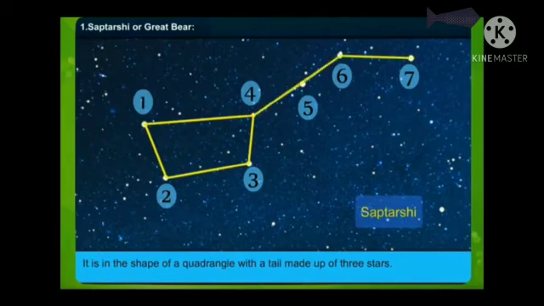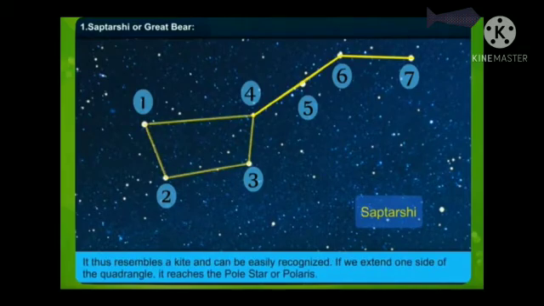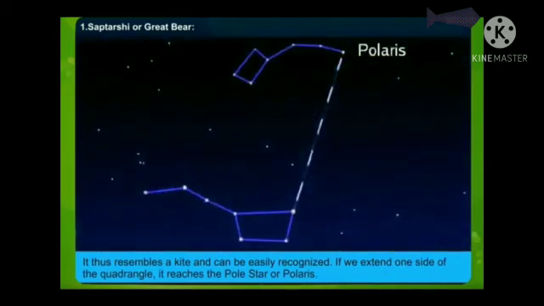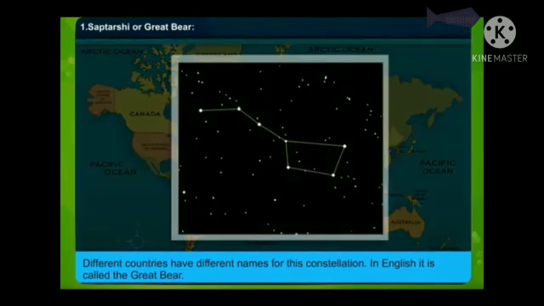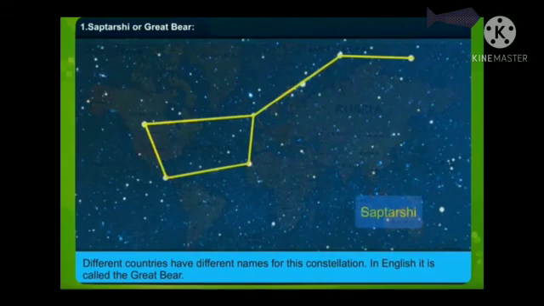It is in the shape of a quadrangle with a tail made up of 3. It thus resembles a kite, and it can be easily recognized if we extend one side of the quadrangle. It reaches the pole star. Different countries have different names for this constellation. In English, it is called the Great Bear.